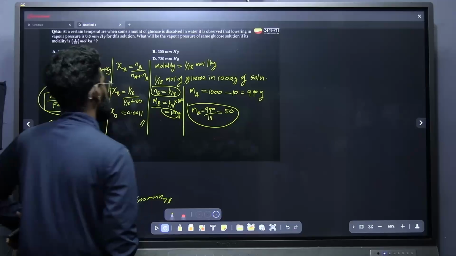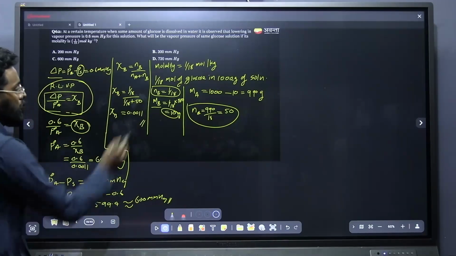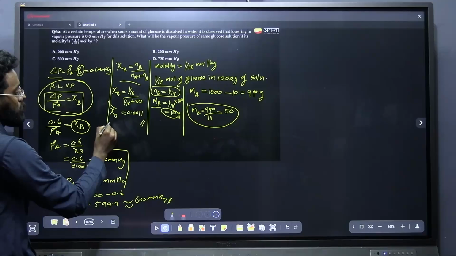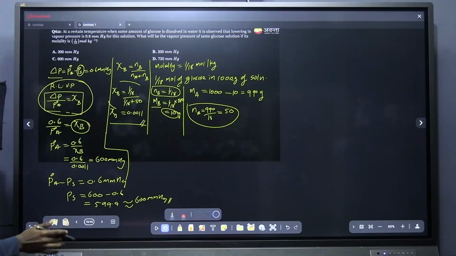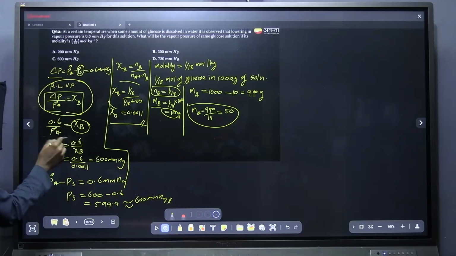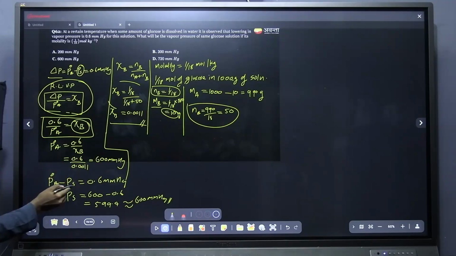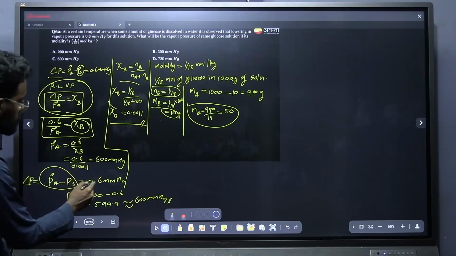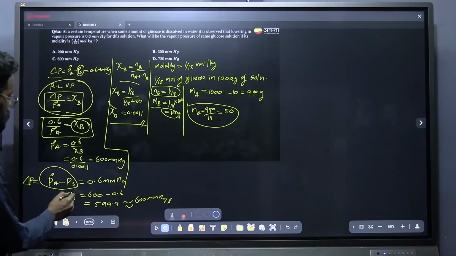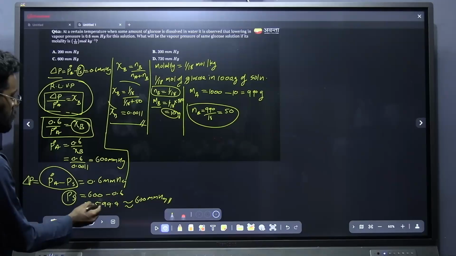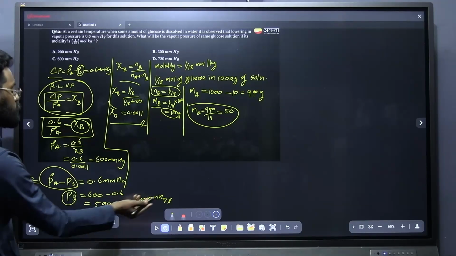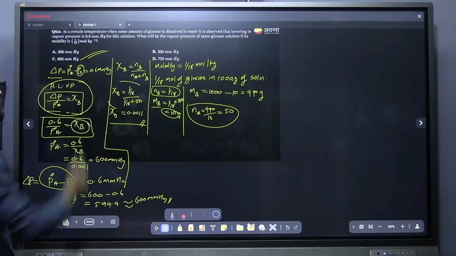I substituted the moles of solute and solvent and got the chi B value. After getting chi B, I substituted it into the equation and found the P naught A value. Then I substituted that P naught A value into our delta P equation: P naught A minus PS is equal to 0.6 mm Hg. Now PS comes as 600 minus 0.6, around 599.4, approximately 600 mm Hg.